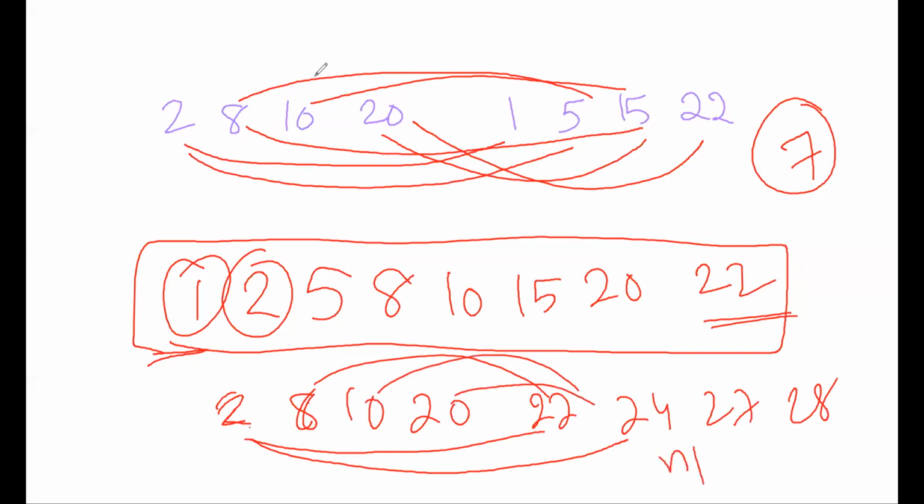So n by 2 comparisons. So this is the best case, that you'll have n by 2, and worst case you'll have n comparisons. Okay. So for every level, depending on what is the total number of elements you're going to get after merging, those many comparisons is the maximum that you will make.